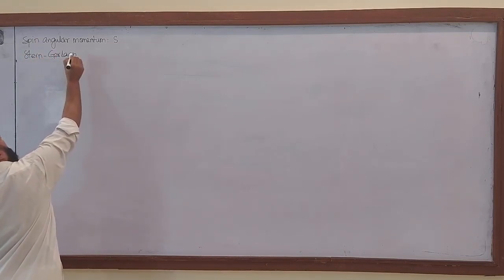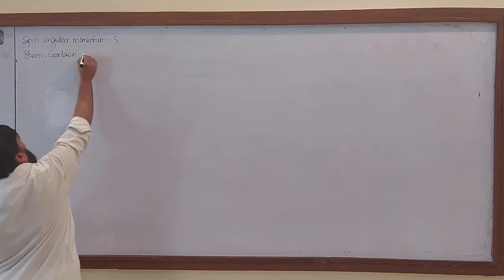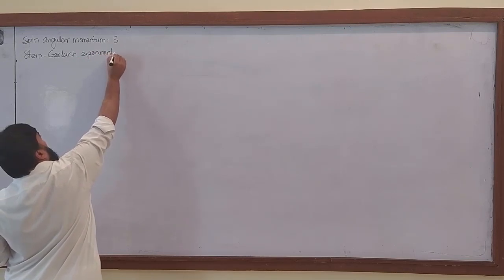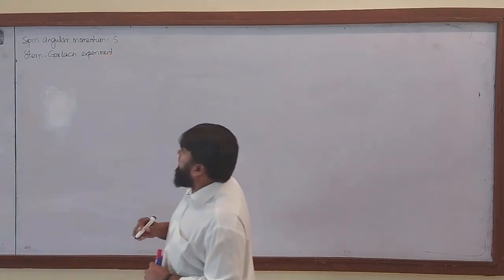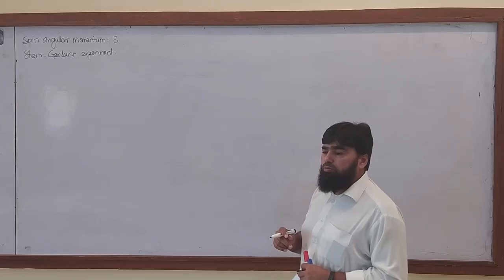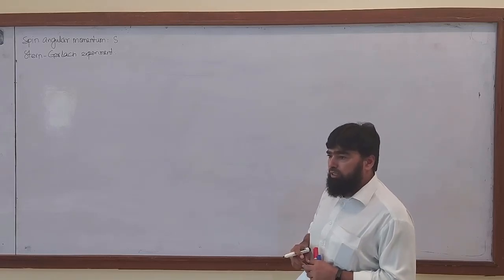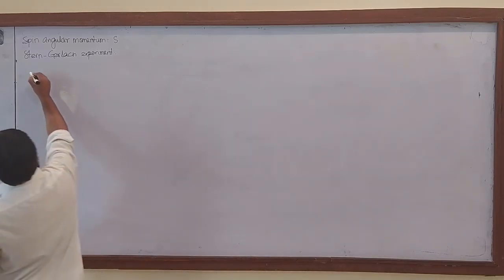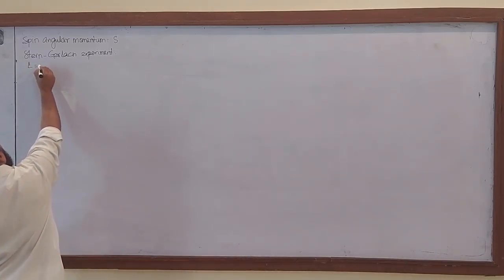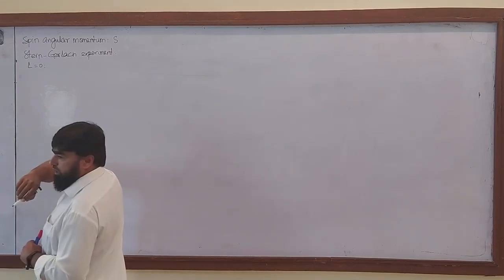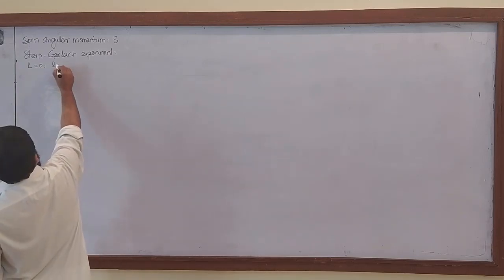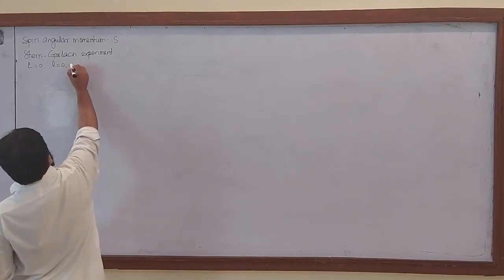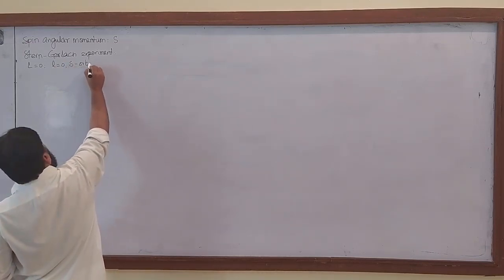Stern-Gerlach. This experiment actually confirmed that when you move a beam of silver atoms, atoms in which the orbital angular momentum is zero, L is zero, because for orbital quantum number L we consider the s orbit.